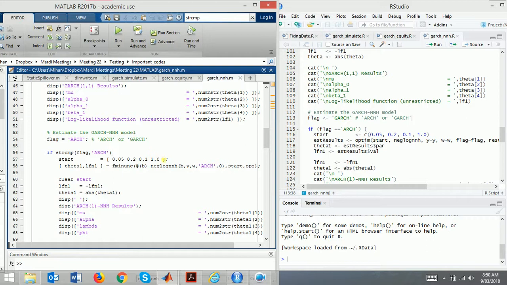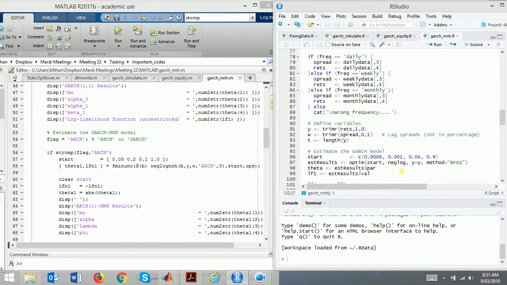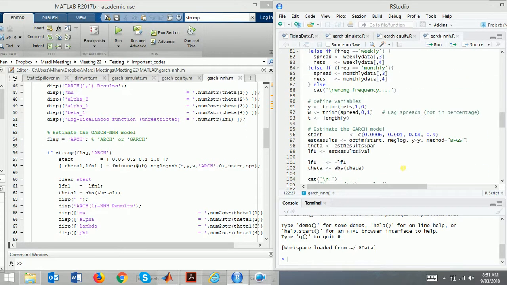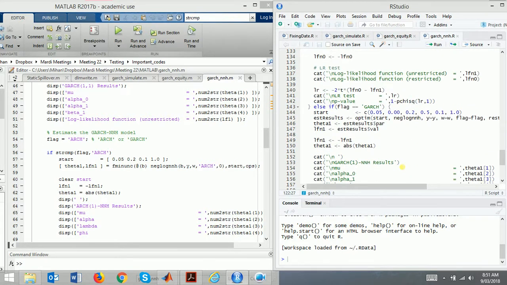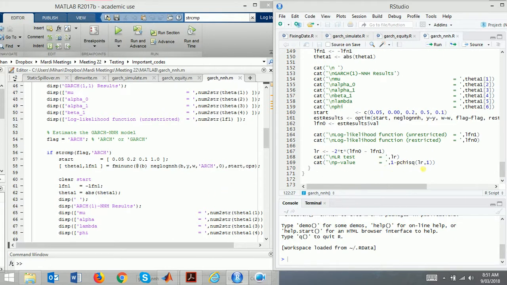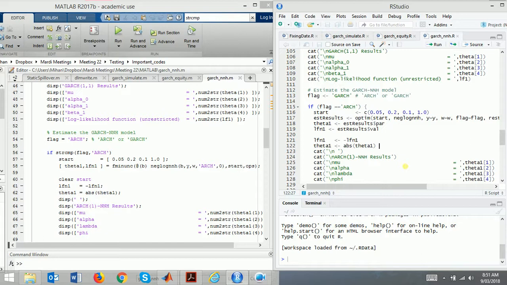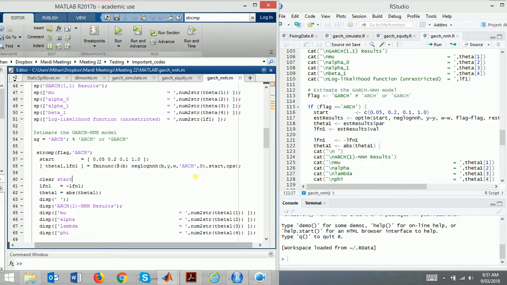If string comparison flag is arch, then call the neglog NNH, which was the log likelihood function. So see, there's a lot of logical functions in this program, but the implementation is quite simple.